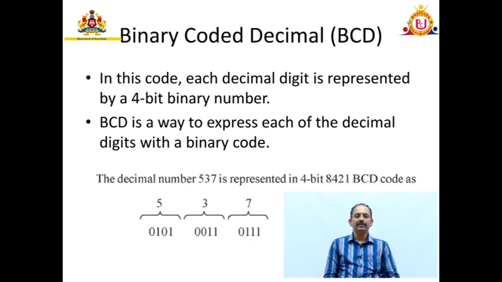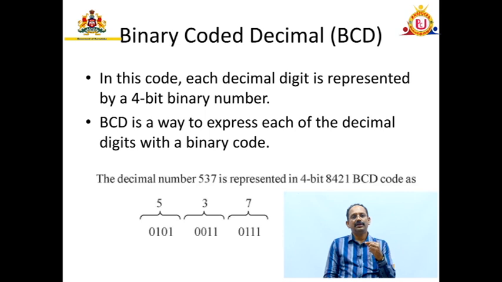Here the example given, 537, which is a decimal number. How this number is represented using BCD code. 537 is a value. It consists of 3 decimal digits, namely 5, 3 and 7.